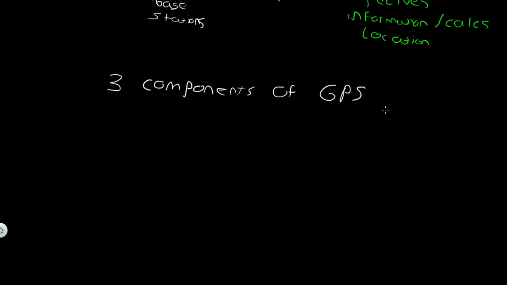And again, we're using GPS because we're teaching this class assuming you're familiar with the American system, but these same concepts apply more broadly. The three components, just to recap, were the satellite, the user, and the control. Satellite produces a signal, user receives the signal and processes the location, and the control helps with handling errors.